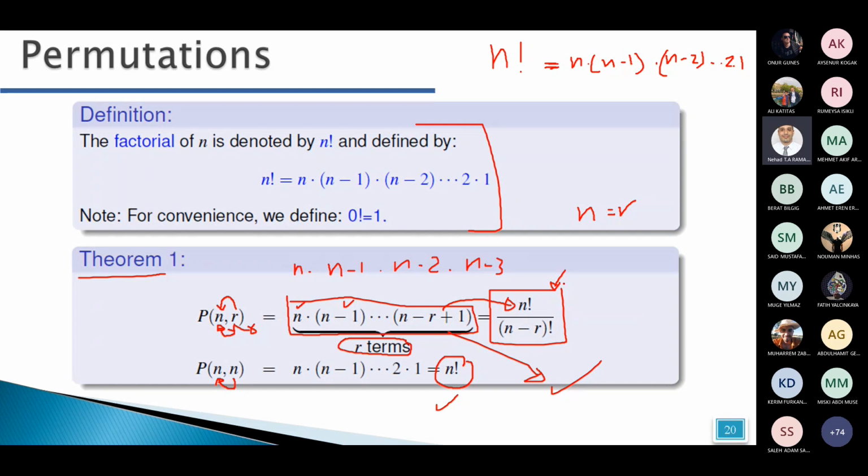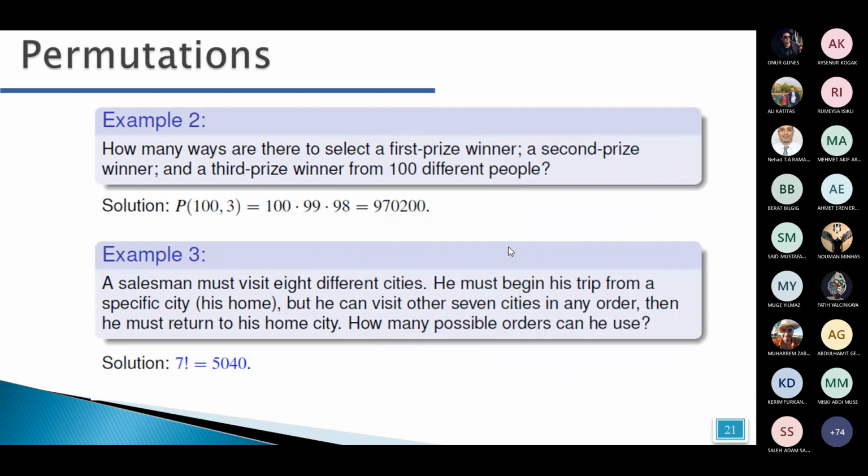Okay, let's take an example for these rules. First example: how many ways are there to select first prize winner, second prize winner, third prize winner? So we have order: first prize, second prize, third prize.